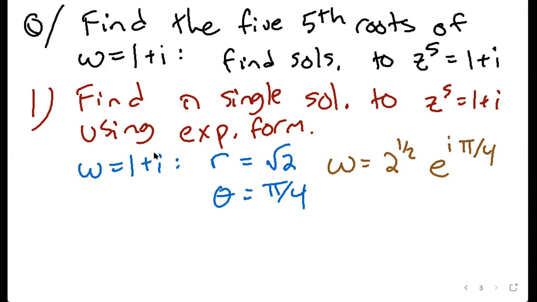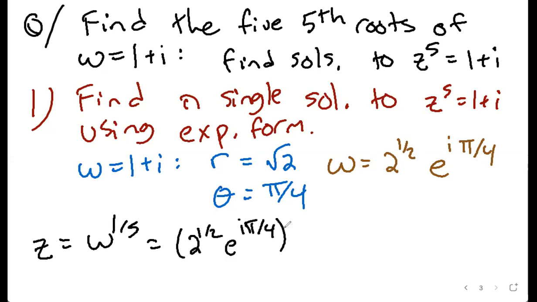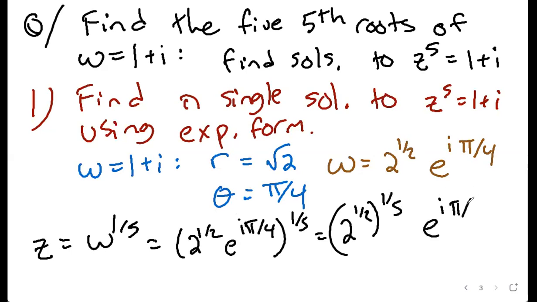So then z, we're going to literally just write W to the 1/5 power. We're just going to take the 5th root of everything in sight. 2 to the 1/2 e to the i pi over 4 to the 1/5 power is going to be 2 to the 1/2 raised to the 1/5 power e to the i pi over 4 raised to the 1/5 power.